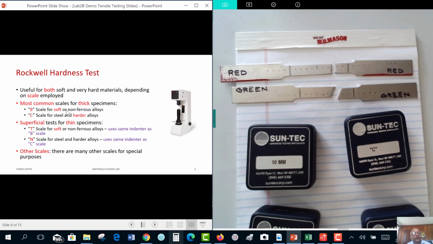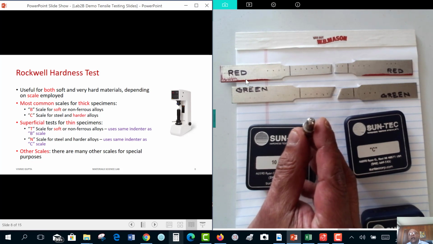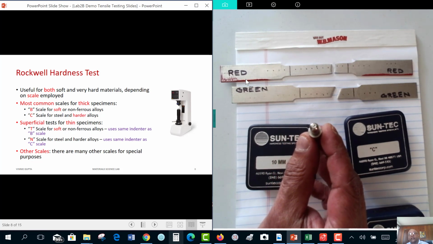The B scale is used for soft and non-ferrous alloys. If this was a thicker piece, then I would have used a 1/16 inch ball indenter. The 1/16 inch ball indenter looks exactly like Brinell, but much smaller in size.